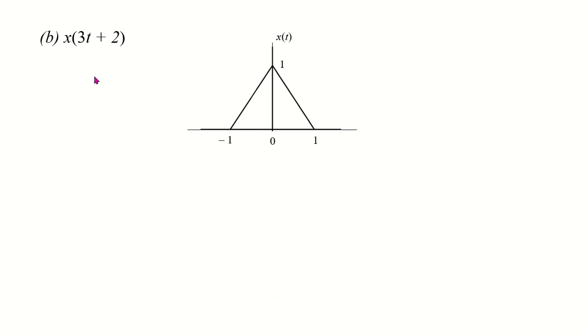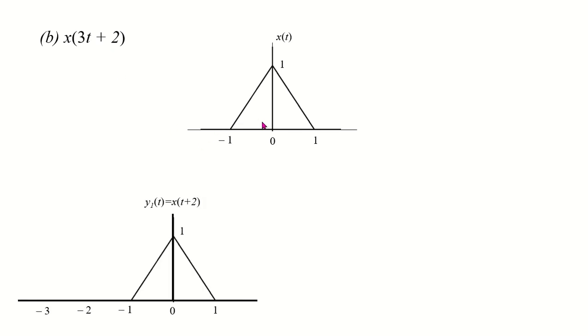Now we have another signal x of 3t plus 2. In this case, we have both things, the time shifting as well as time scaling. Since both operations are to be performed on this particular signal, according to the precedence rule, we will first shift the signal by a factor of +2.